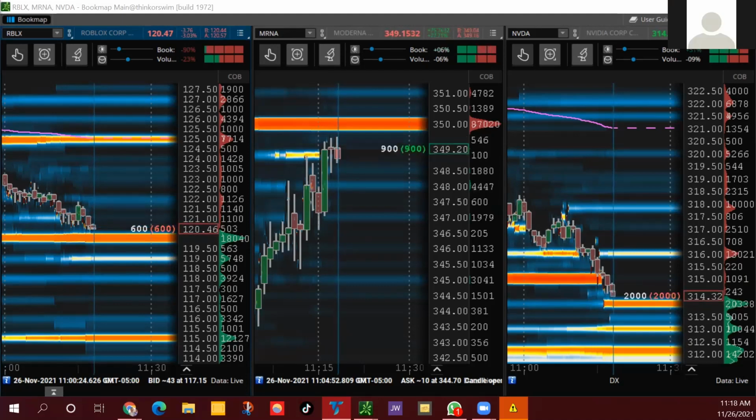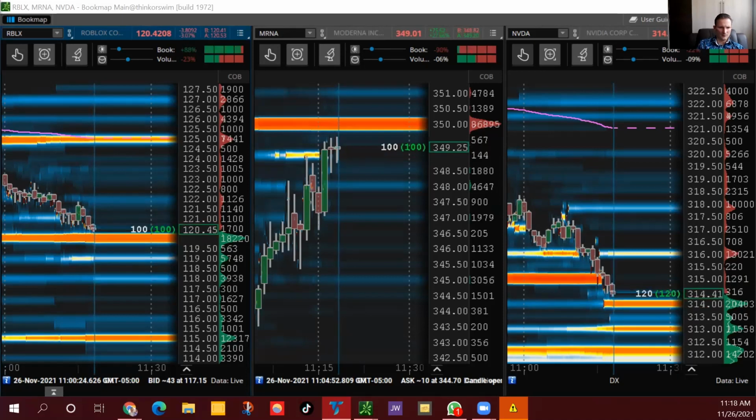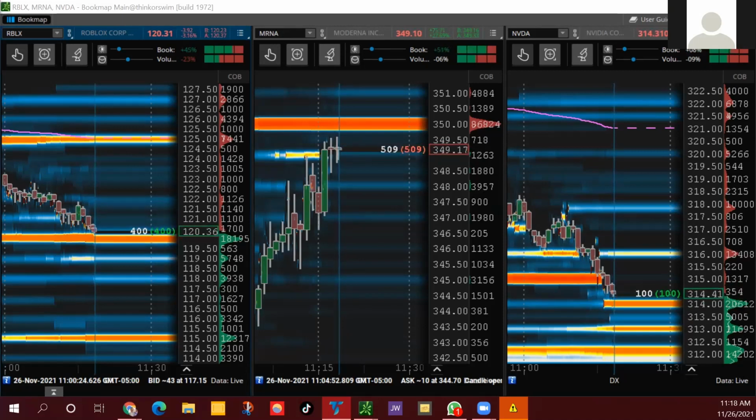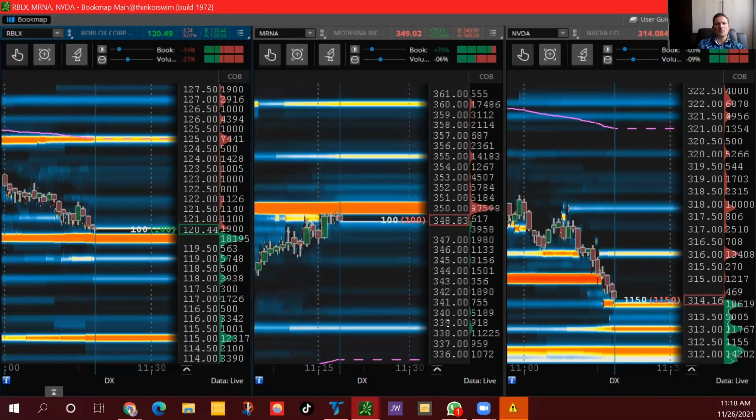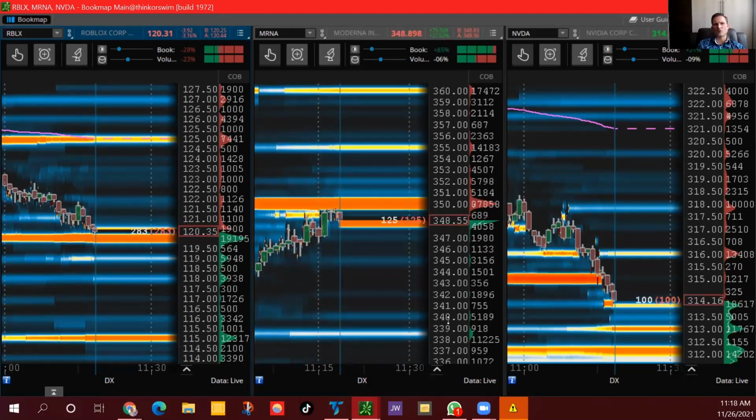Usually I don't like to pull them down that much, but mRNA could dump at any moment, so I'm not going to get greedy. All right, what's behind it? Oh yeah, look at this, beautiful. mRNA, major level 350, there are no major levels, 355 is decent. Okay, just got my profit orders filled at 348.